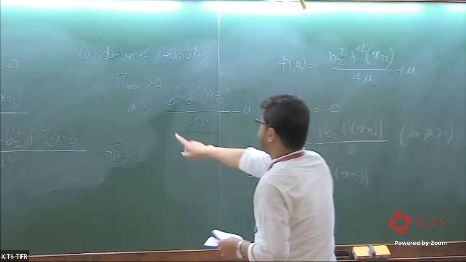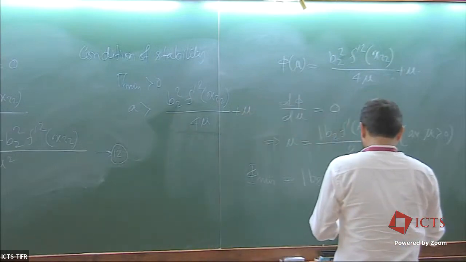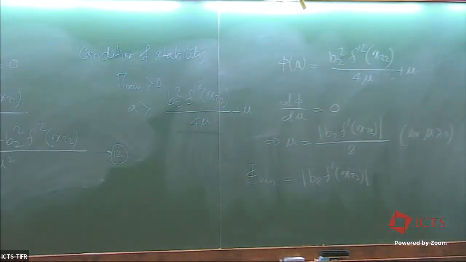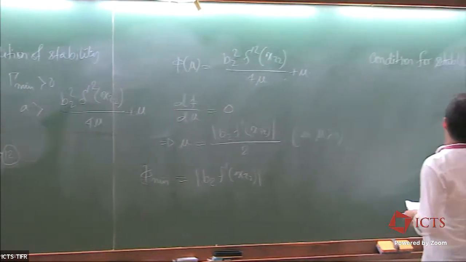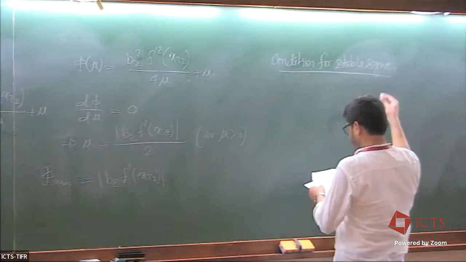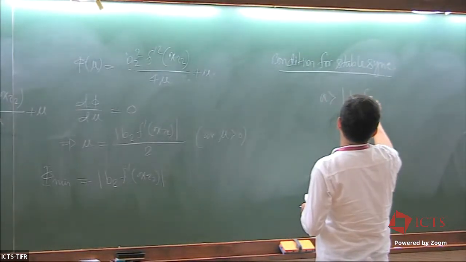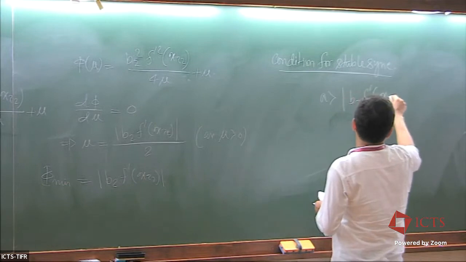If we substitute this here, then we get the condition for stable synchronization, that reads a is greater than mod of b2 f prime x of tau 2.